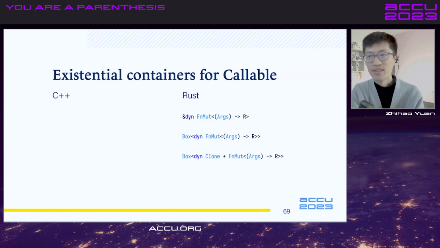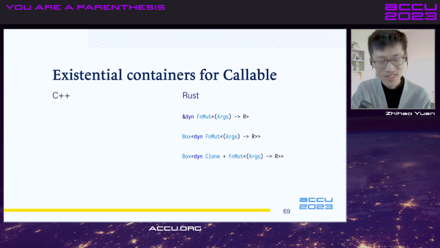You can say it's non-owning and has reference semantics. That is &dyn FnMut. It's owning but move-only: Box<dyn FnMut>. If it's not move-only and can be copied, okay, add dyn Clone in front of it.